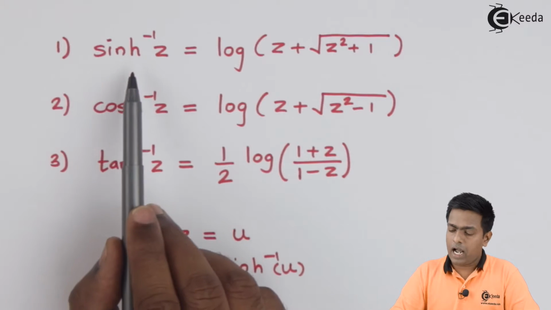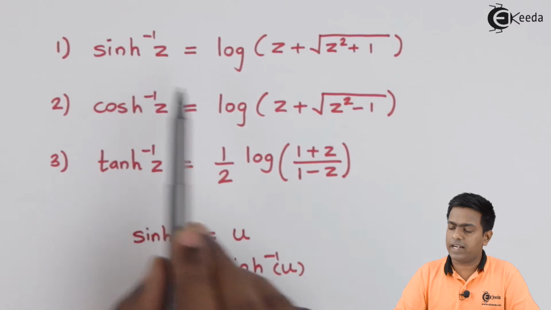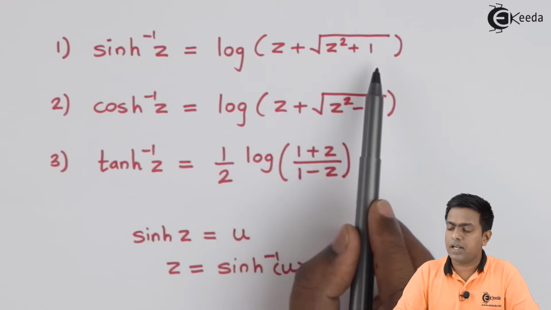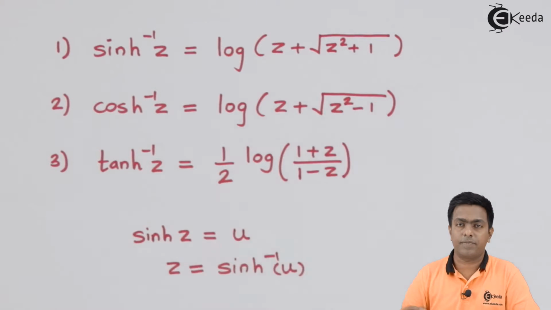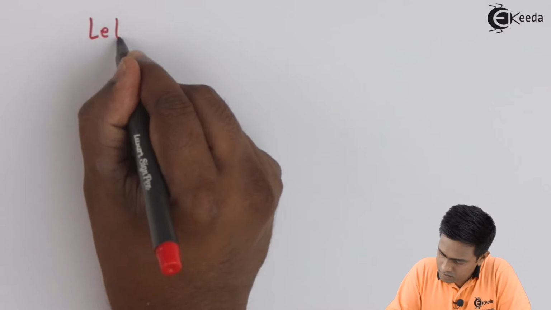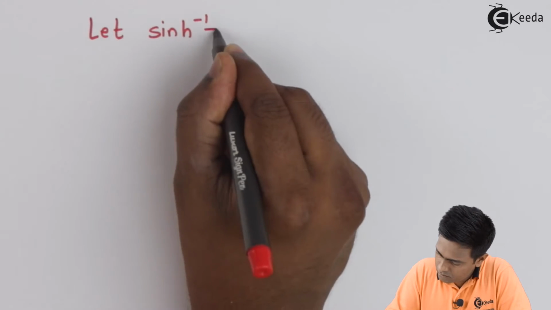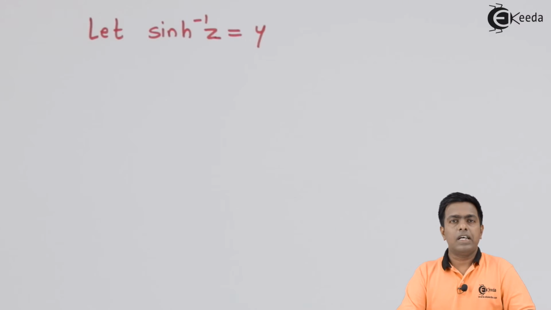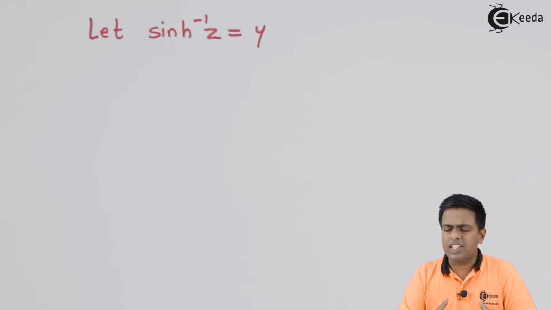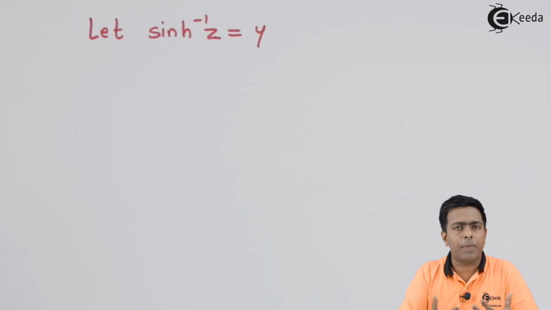Hyperbolic sine inverse of z is log of z plus under root z square plus 1. Since we don't know the value of hyperbolic sine inverse of z initially, we will assume that value as y.